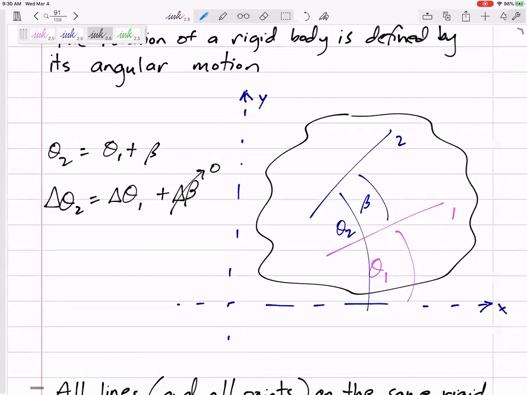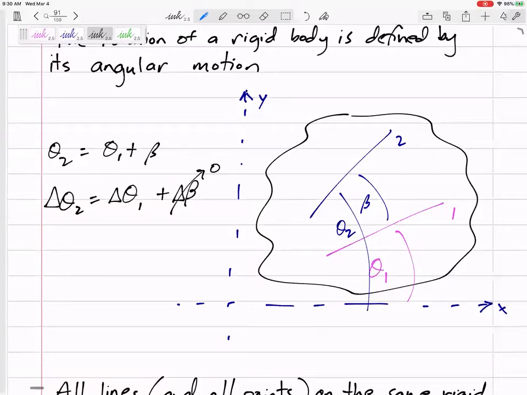We're saying that every line on a rigid body changes by the same angle. The orientation of every line on a rigid body changes by the same angle. So if I rotate this paper 20 degrees, I don't have to specify, are you talking about this corner? Are you talking about this corner? Are you talking about here, here?